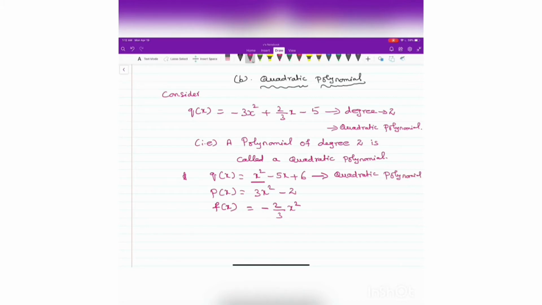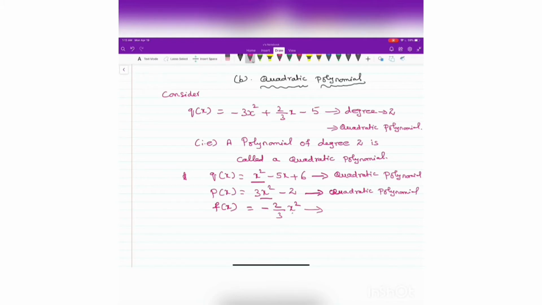Here also the highest power of x is 2. So the degree is 2. That means this is also a quadratic polynomial. Same way, if you see here, the power of x is 2.